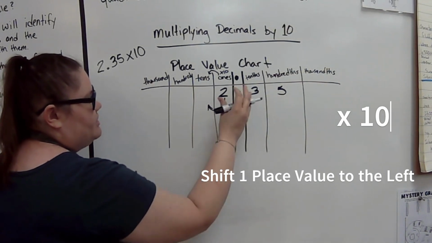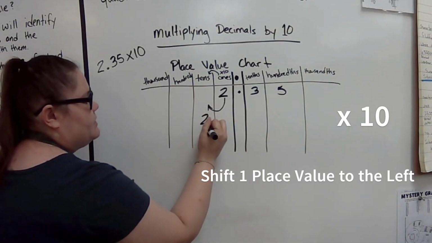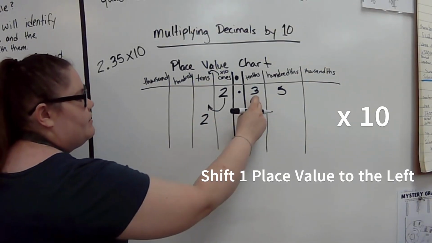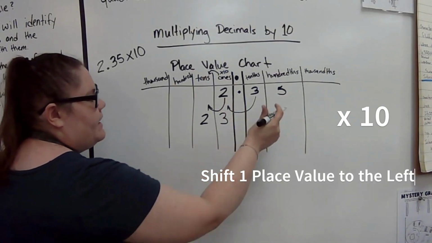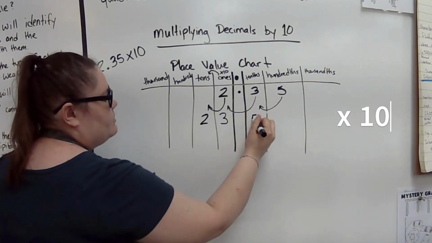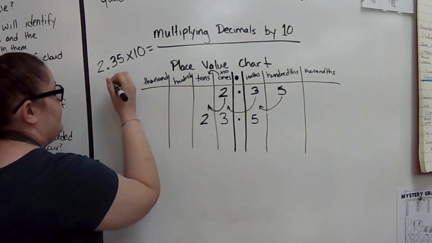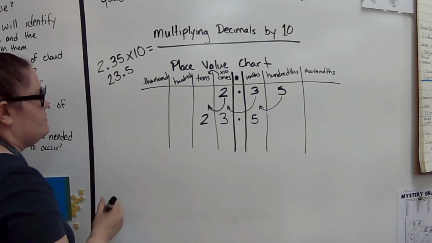So I'm moving the 2 to the tens, I'm moving the 3 one place value over to the ones, and I'm moving the 5 over one place value to the tenths. So my answer is now 23 and 5/10.